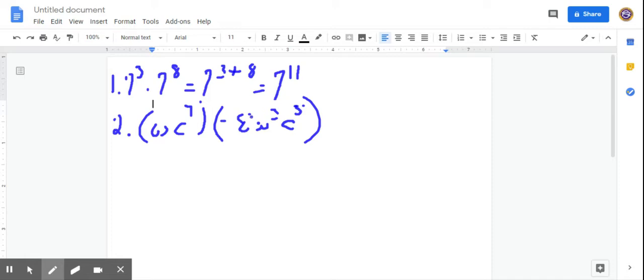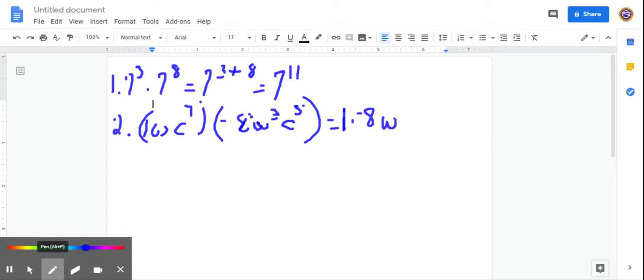So now you multiply like bases, you multiply the coefficients, you keep the base, and you add the exponents. So the coefficients technically would be 1 and negative 8. Remember, there would be a 1 here. And then you would have W's. Again, remember that there is a 1 understood here.